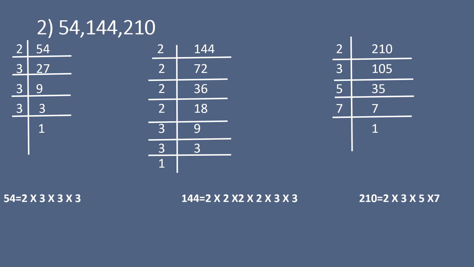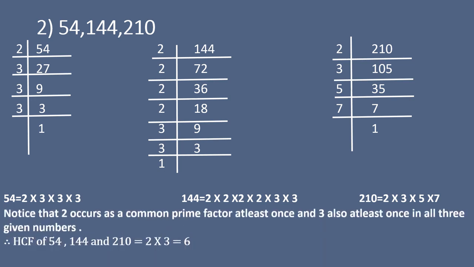Now what you have to do? You have to find out the common prime factors which come the least number of times. Now see, 2 occurs as a common prime factor at least once. In 54 it comes once, in 144 it comes 4 times, and in 210 it again comes 1 time.